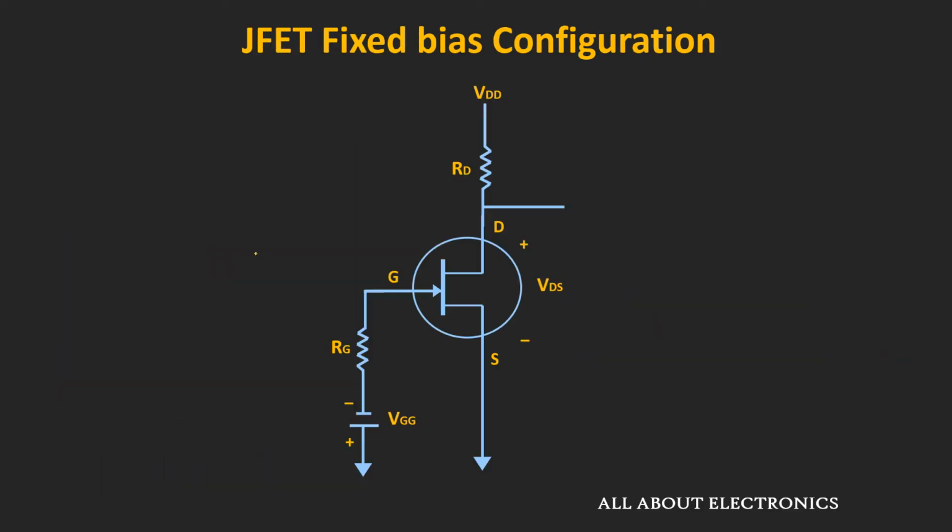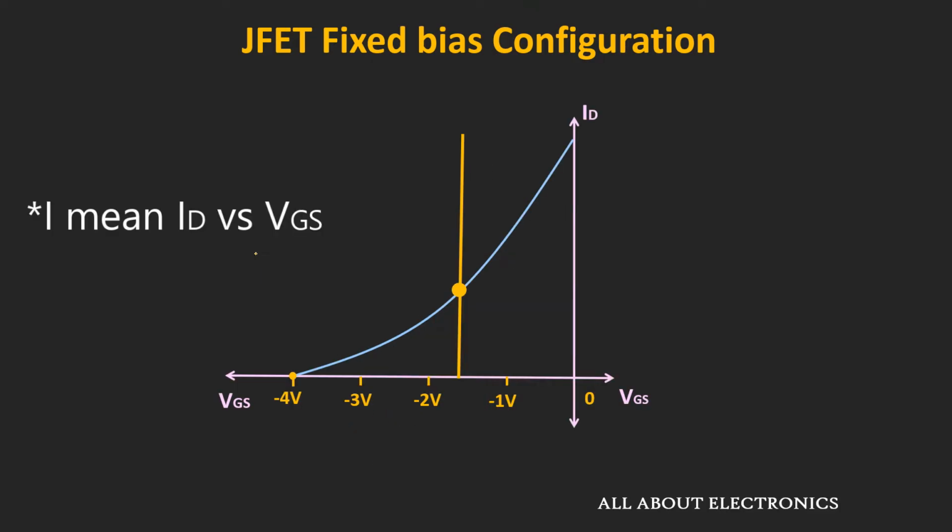In case of the fixed bias configuration, the gate is biased with a fixed voltage. Let's say this blue curve is the ID versus VGS transfer characteristic of the JFET. When the FET is biased with this fixed bias configuration, this yellow line represents the load line. Here, this is IDSS and this point is VP. Now typically for any JFET, this IDSS and VP vary in a certain range.